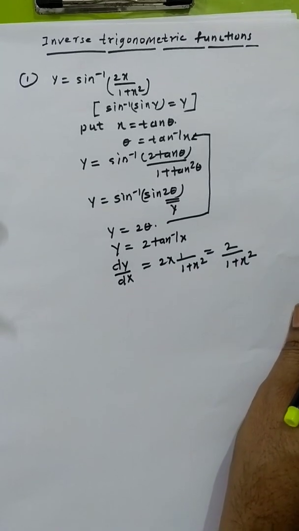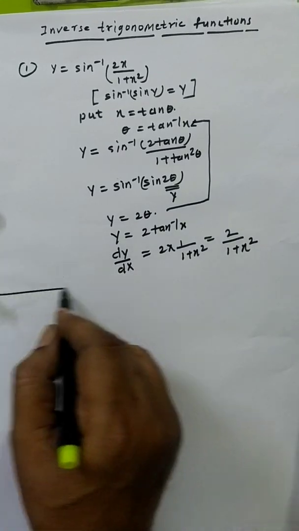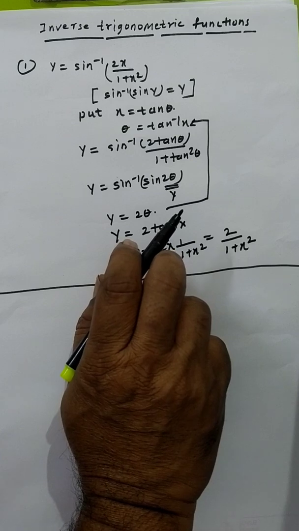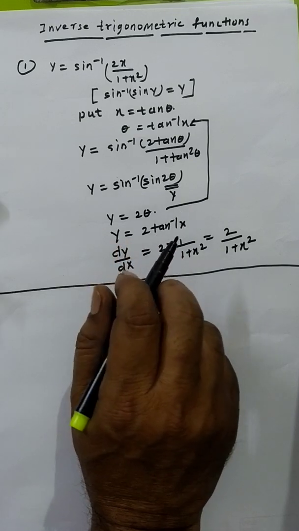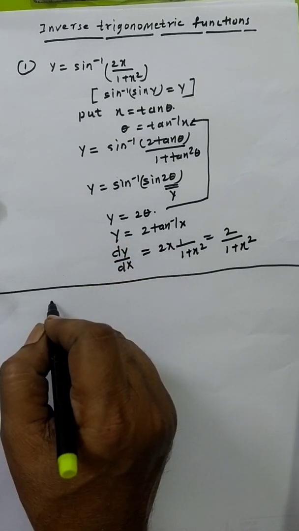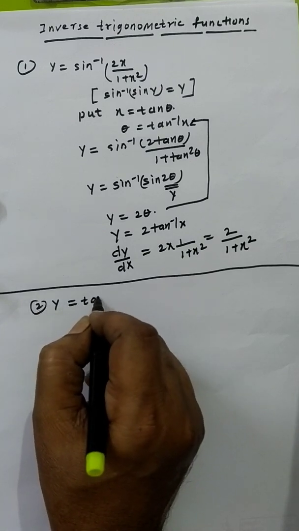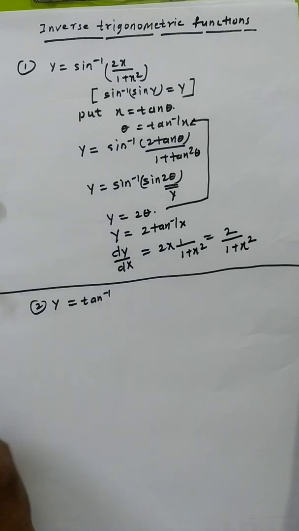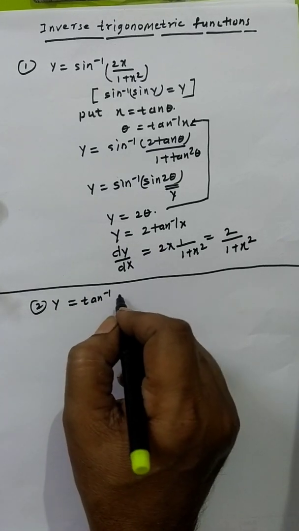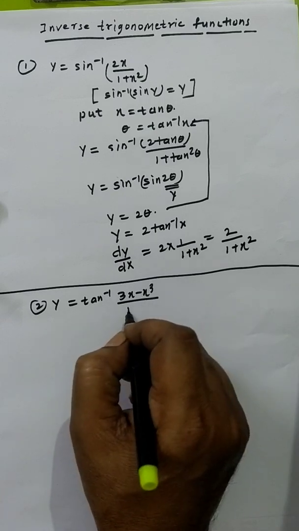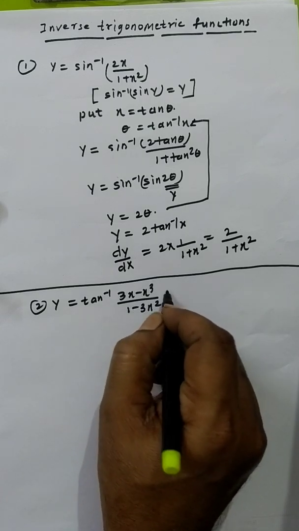Next we'll go for y equals tan inverse of 3x minus x cube upon 1 minus 3x square.